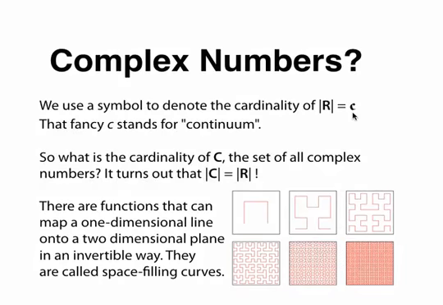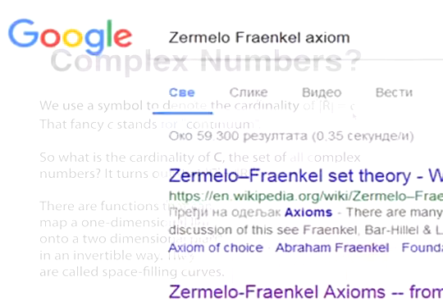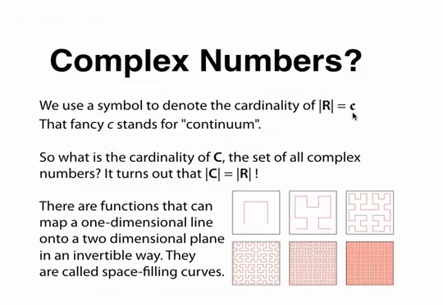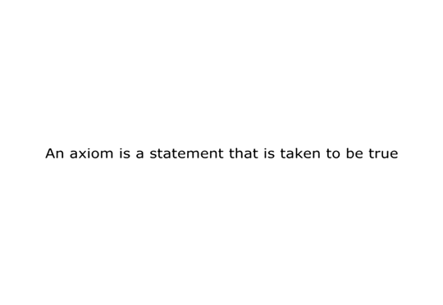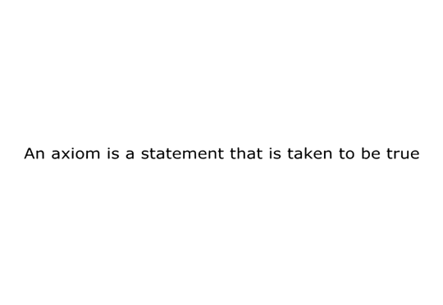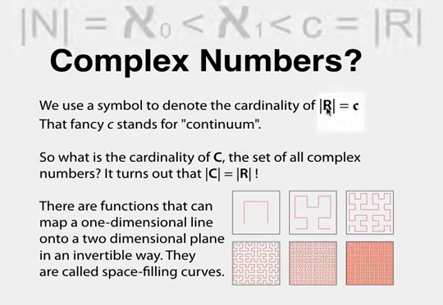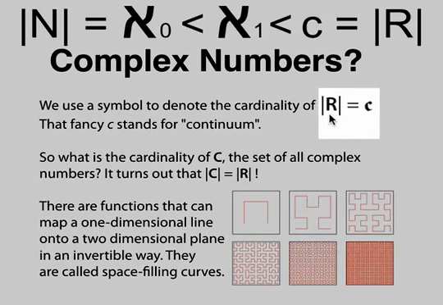If you want to understand more about what I just said here, Google Zermelo-Fraenkel axioms. It's a set of axioms, things that we can manipulate as being true, and we can use those statements. So in mathematics, it turns out we don't know if the real numbers are the next level of infinity or if there's some level in between.